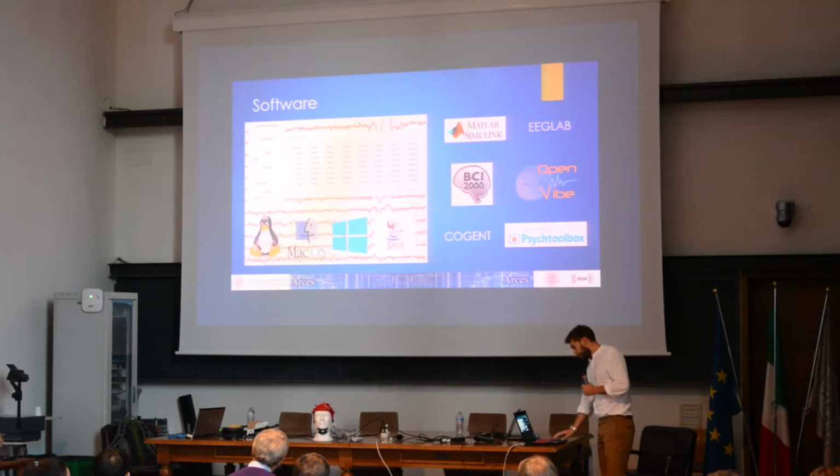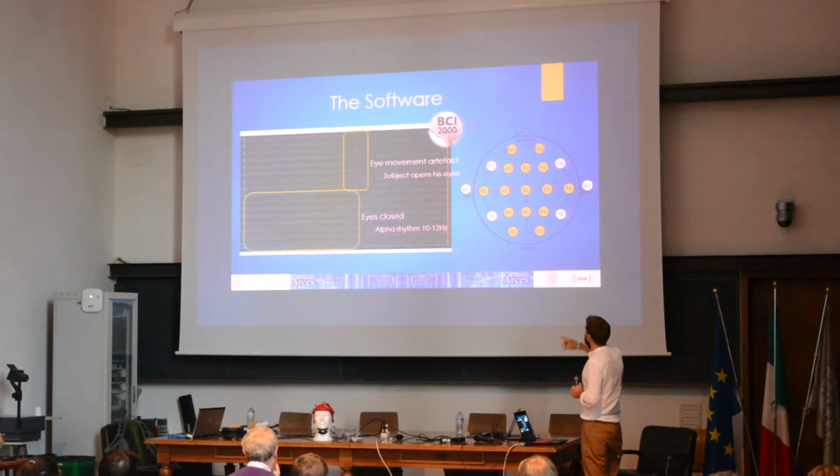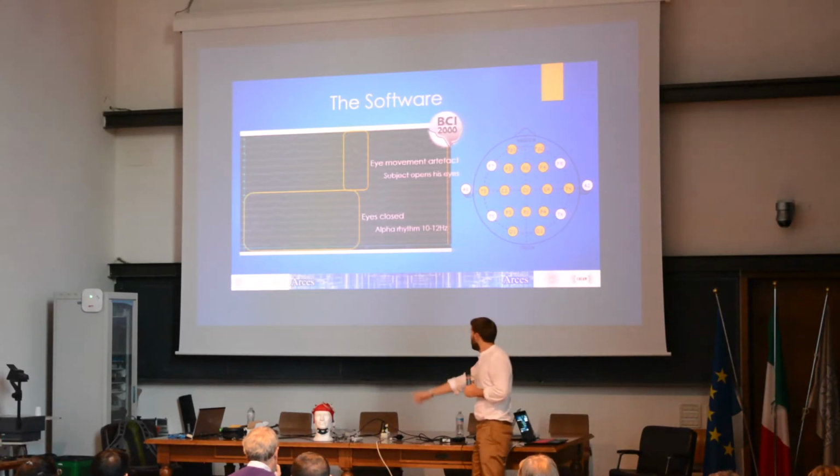So this is another great example. This screenshot has been obtained using BCI2000, and in the left part this plot shows 16 electrodes, the configuration that you can also see here on the cap.